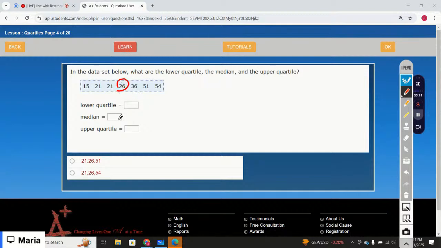The number that is exactly in the middle is 26. The median is 26.